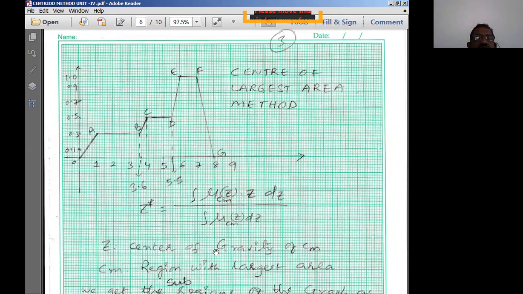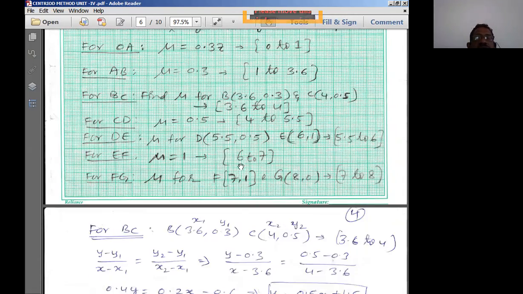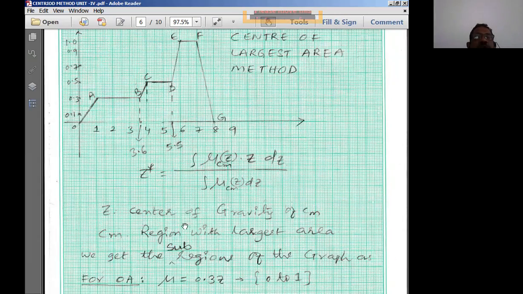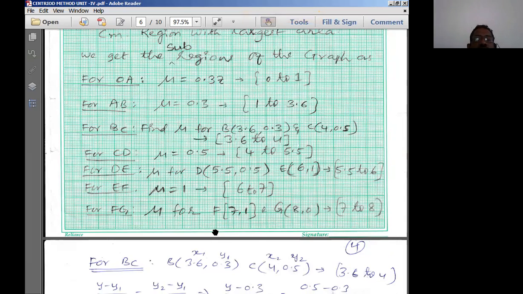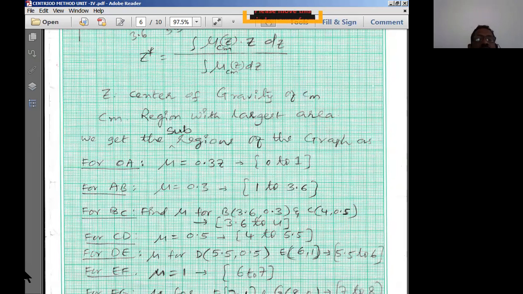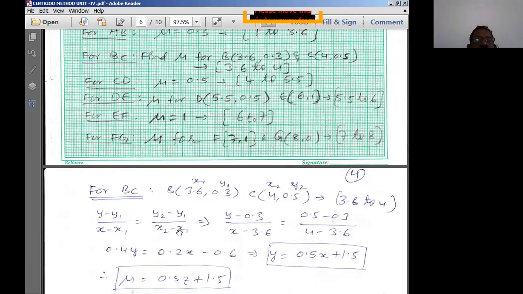Then this is the FG line, which we normally write with two points. F is at 7, 1 and G is at 7, 8. Now we have to find the equations for these straight lines, so you have to use the formula for the equation of a straight line. What is the equation of a straight line formula?